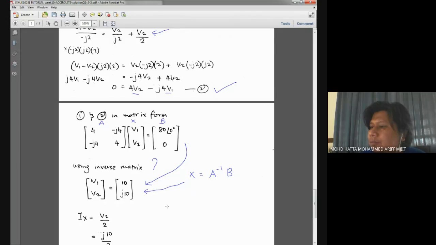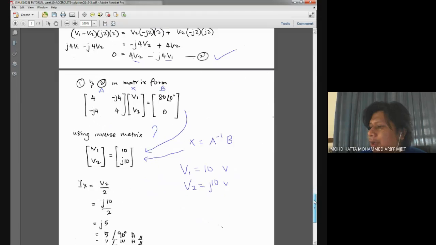Here, it is given that the V1 value is 10 volts, and V2 is J10 volts.